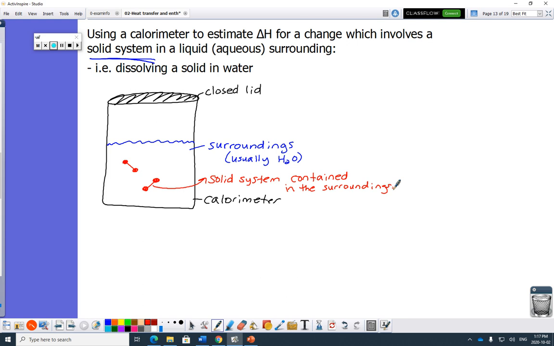So it does need to be contained in the surroundings. Like when we do the lab on Tuesday, you might have to gently mix with your thermometer, okay? You can't let the solid sit on the top of the water.